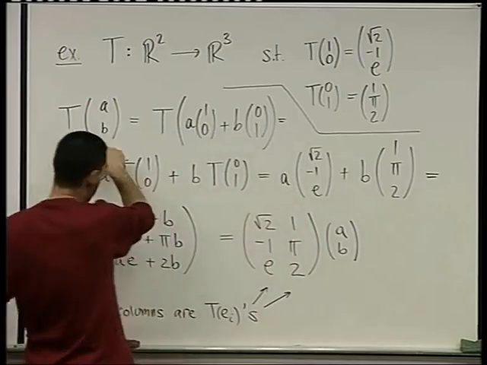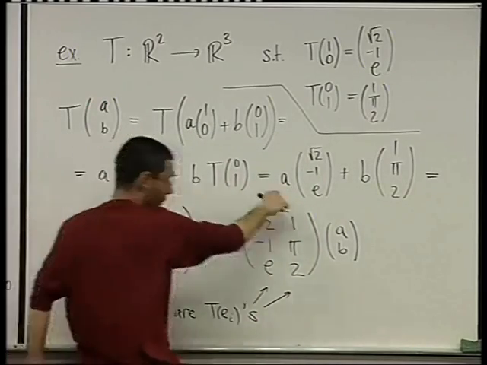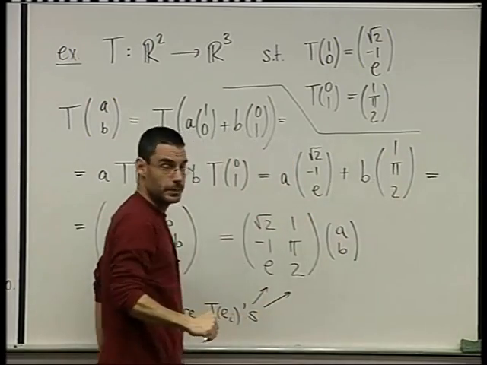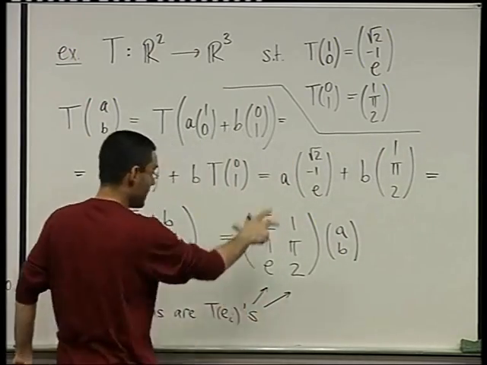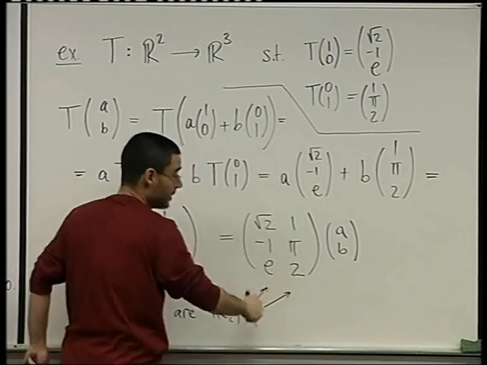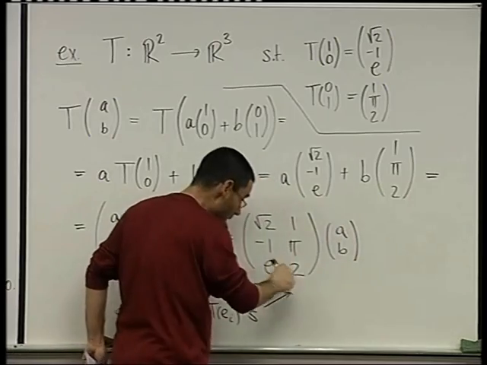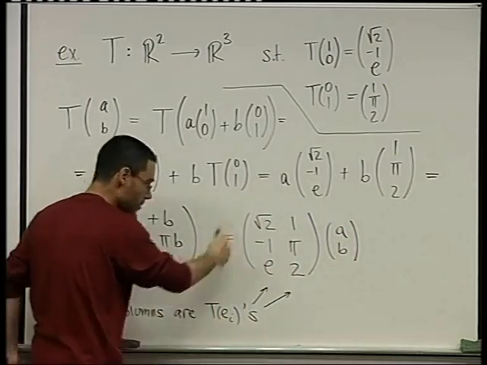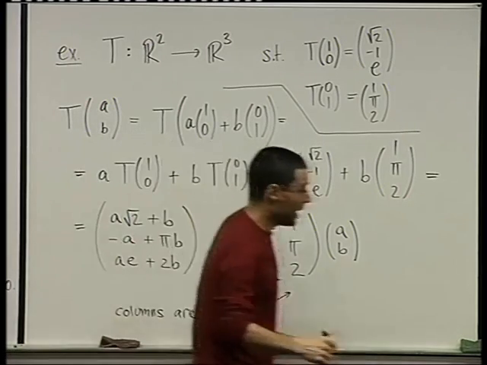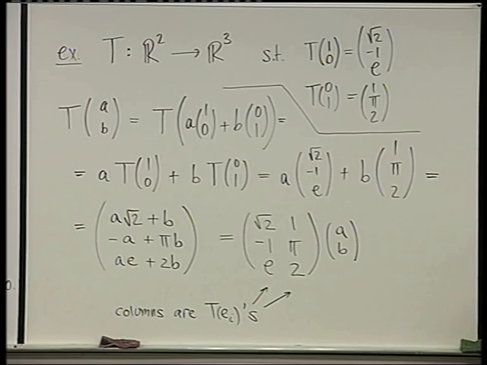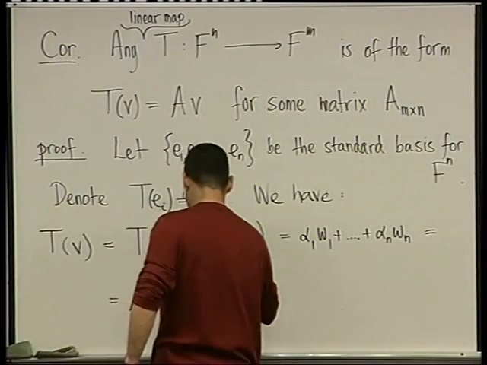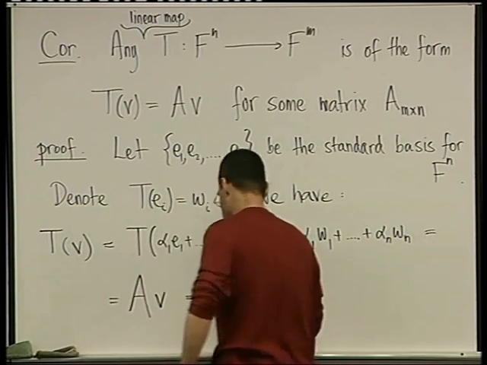And T of V is alpha 1 W1 plus alpha 2 W2. And that equals A times V, where A is the matrix whose columns are the W's. Okay? So let's write that. That equals A times V, or we can write it explicitly.